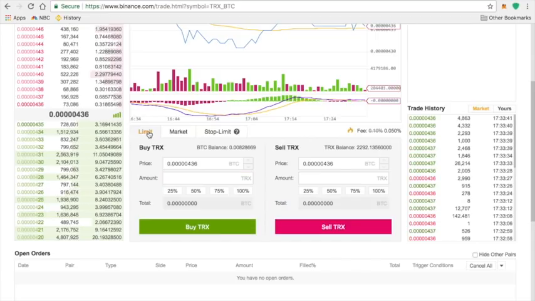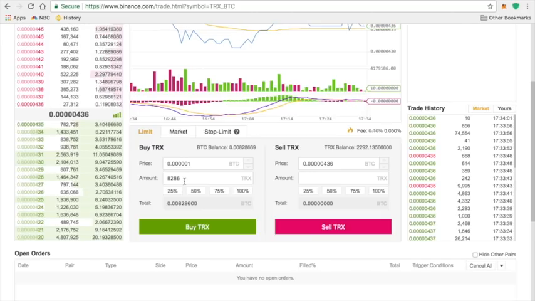Let's say I want to do a limit. Right now, it's at 3 cents. So if I do it at 3 cents, and let's say I want to buy it at 1 cent. So 0.001. If Tron gets to 0.001, I want to buy 8,286 Tron. That's what I'll get out of that.